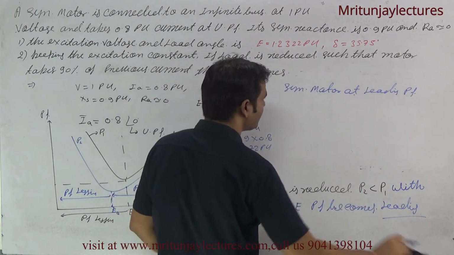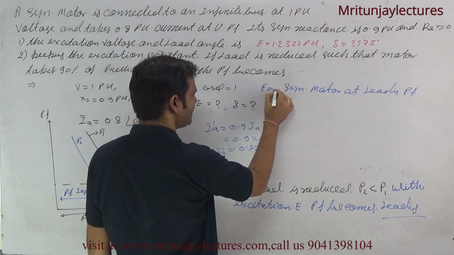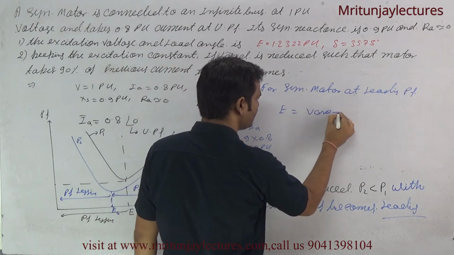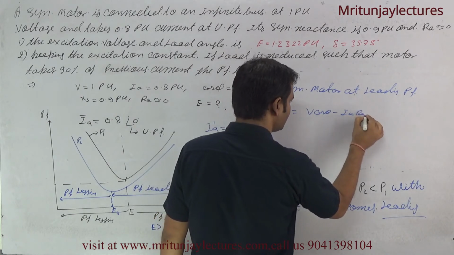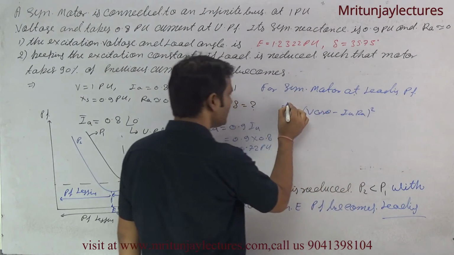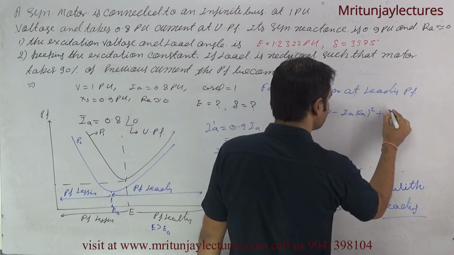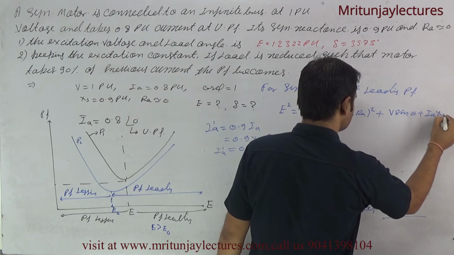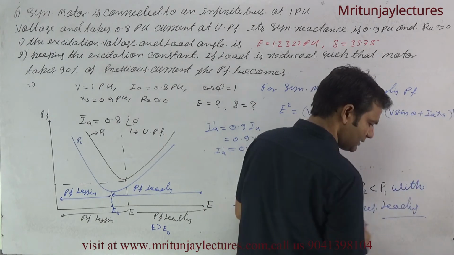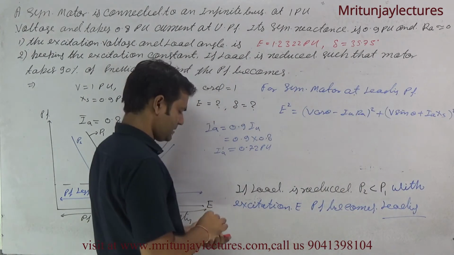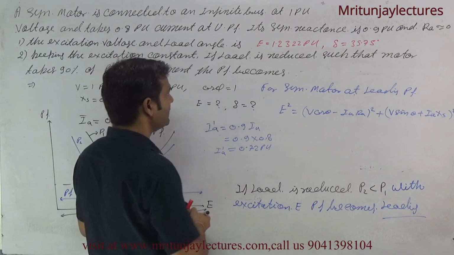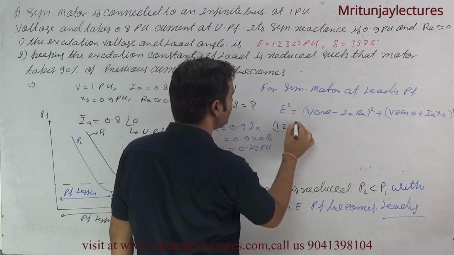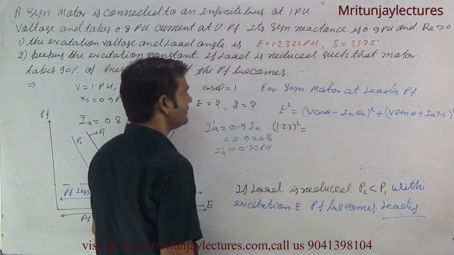E is equal to the square root of (V cos theta minus Ia into Ra) to the whole square plus (V sin theta plus Ia into Xs) to the whole square. Clear? Now first of all, what about E? It is 2.23 to the whole square.